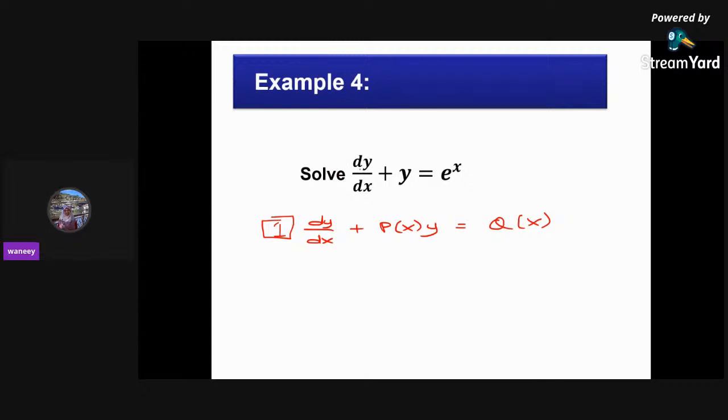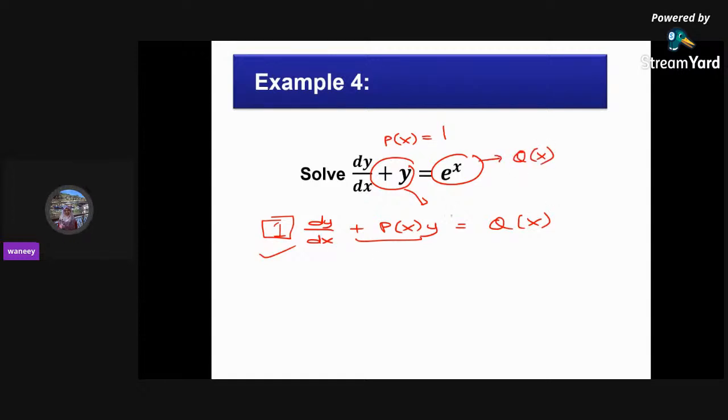If you compare over here, the coefficient of dy over dx is already 1, so that is okay. What is the value of p(x)? You should be able to see that p(x) is equal to 1. What is the value of q(x)? q(x) is on the right hand side.